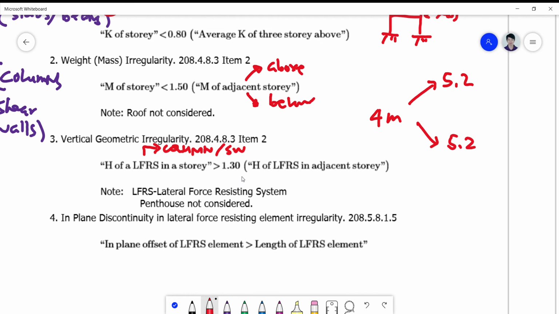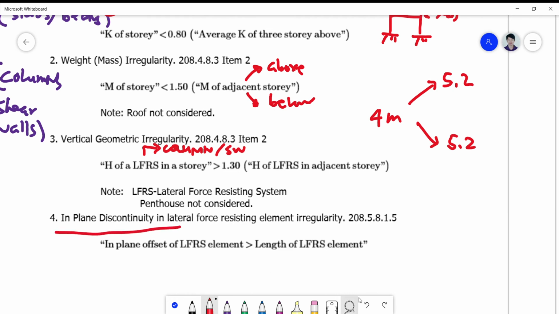So for number 4, in-plane discontinuity in lateral force resisting element irregularity. The word in-plane discontinuity and out of plane, you have two types of discontinuities here. But for vertical, we are more on the in-plane discontinuity.